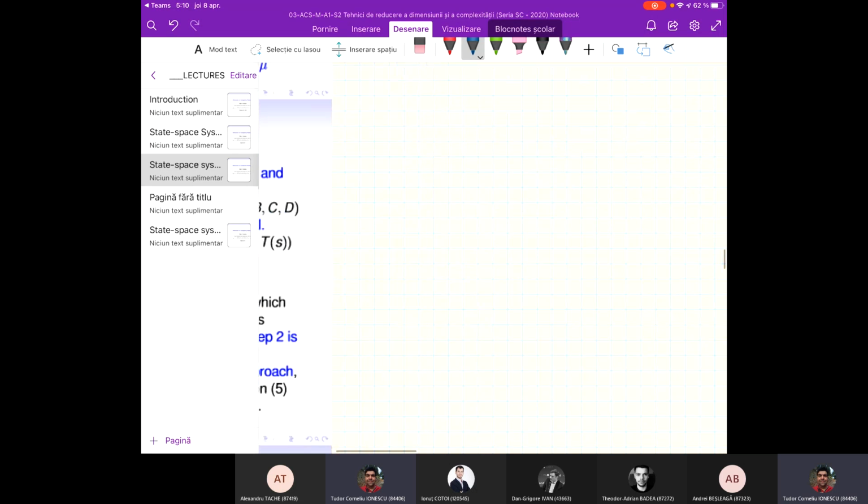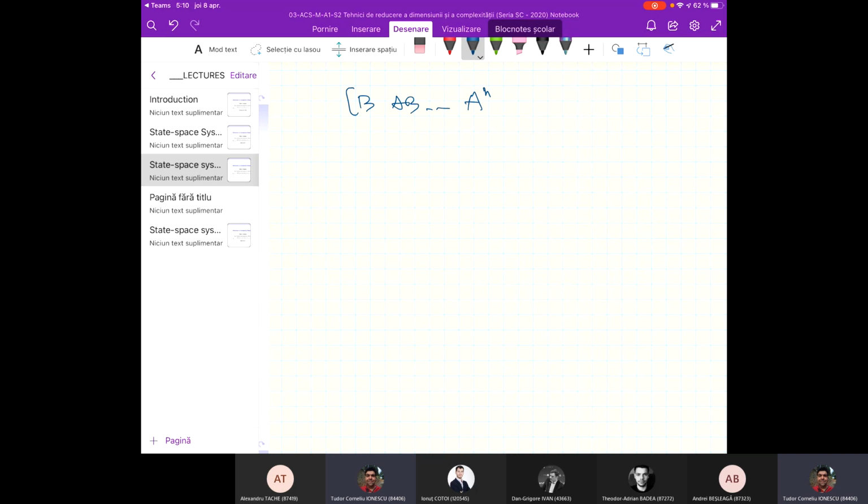Because if you have the matrix B, AB, up to A to the power n minus 1 B, call it R, it has rank n, and remember this is a wide matrix.